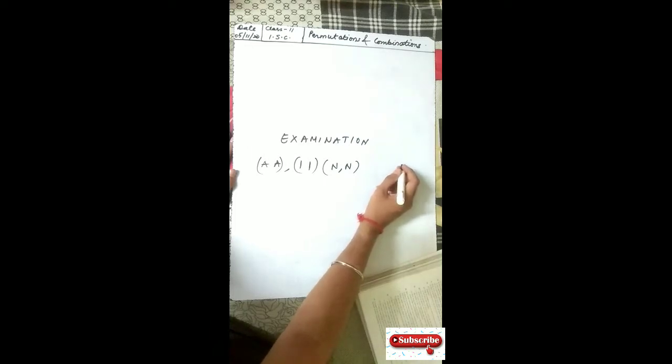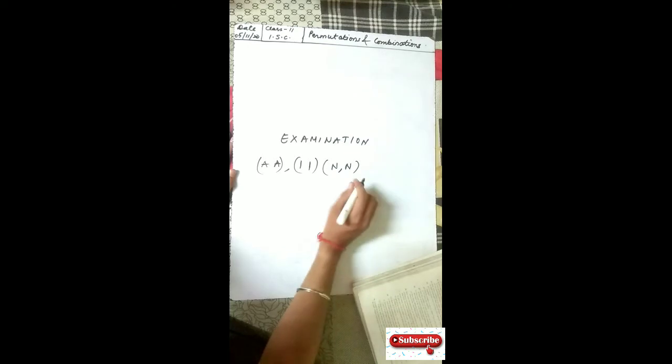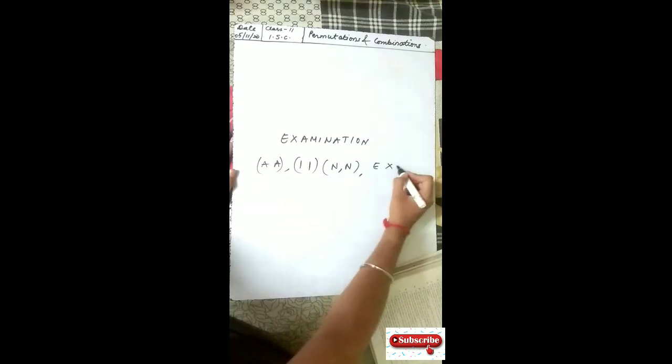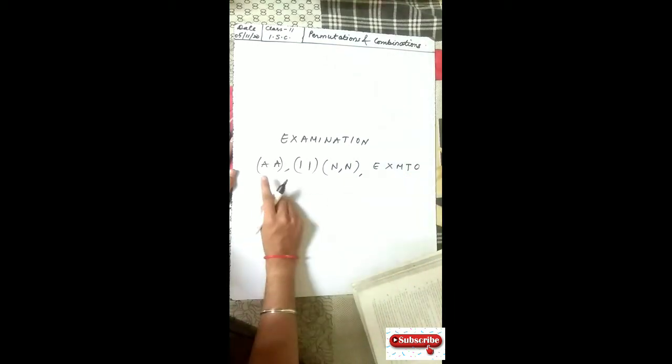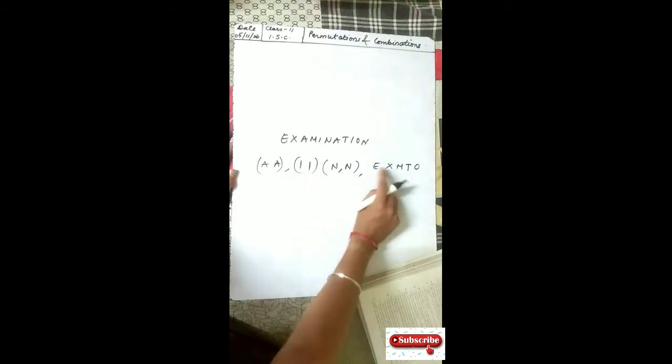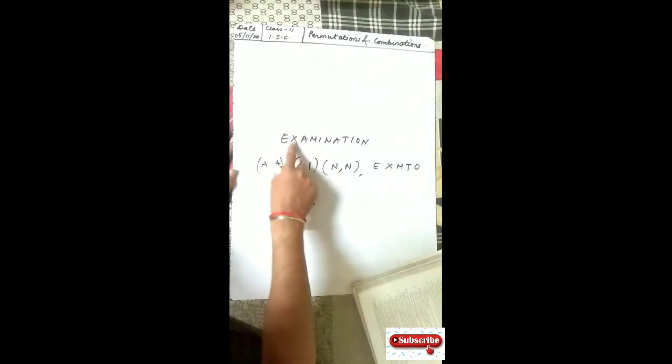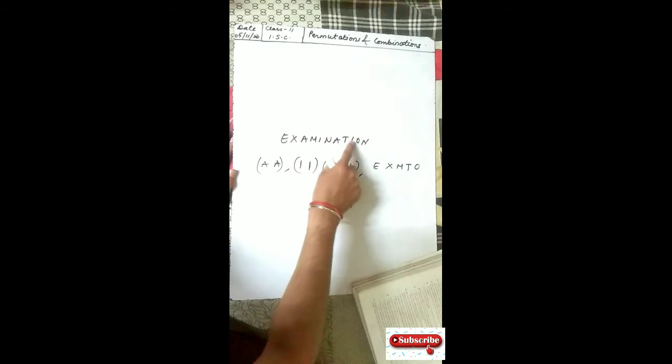Anything else? No. What are the rest? E, X, M, T, O. Counting: 2, 4, 6, 8, 10, 11. Total 11 letters.